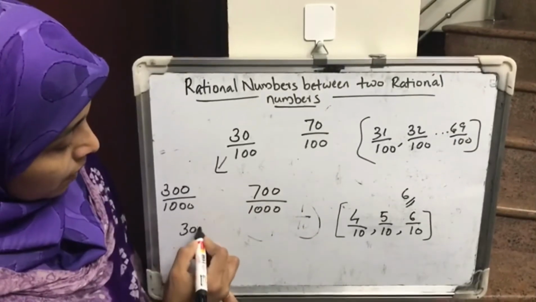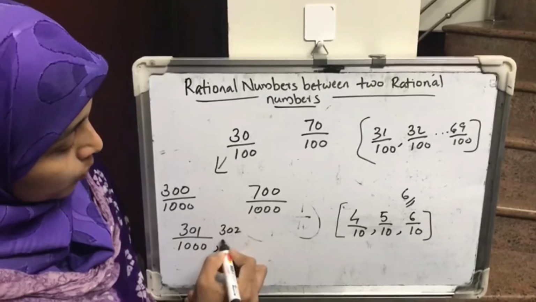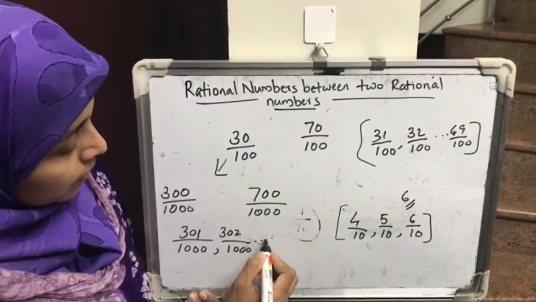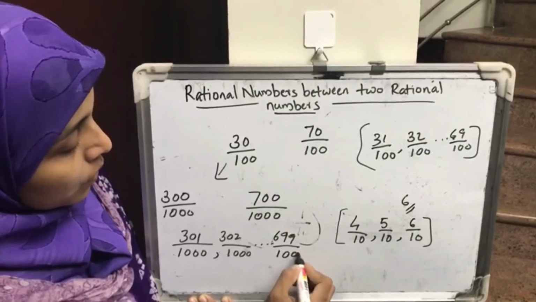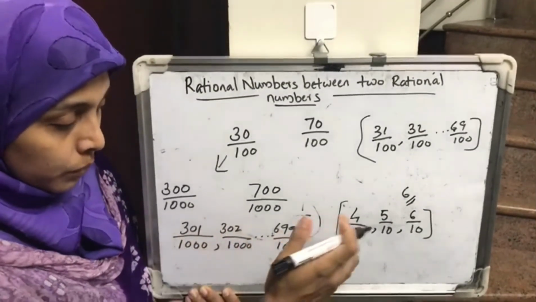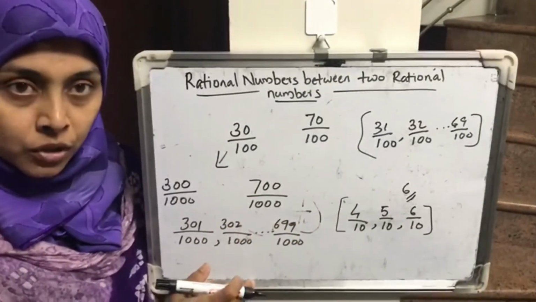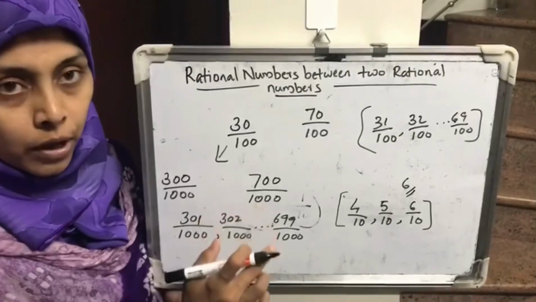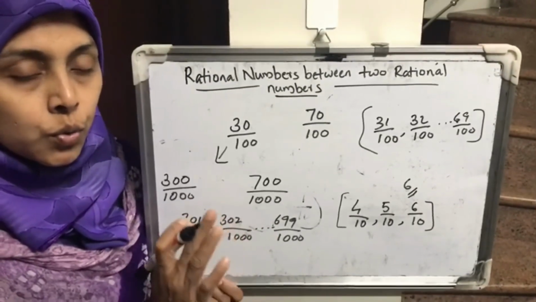From 301 by 1000, then 302 by 1000, and so on up to 699 by 1000. We got so many rational numbers in between. So this is one way of finding rational numbers between two given rationals.